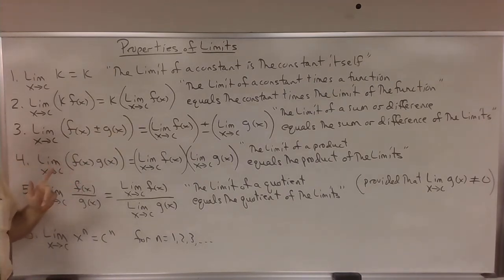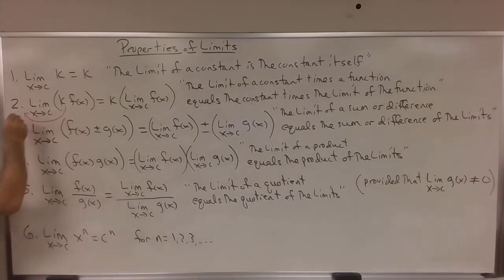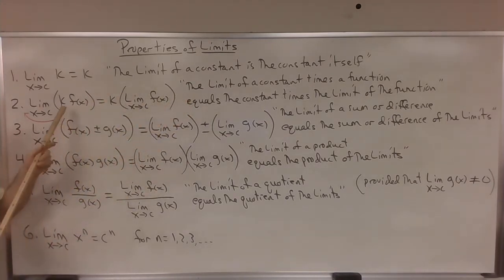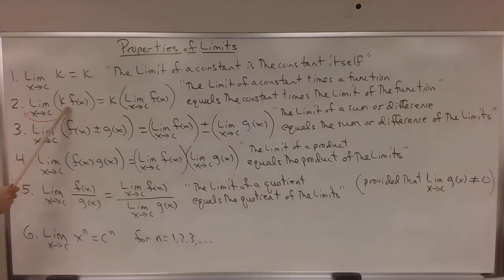Visually, what that means is that if we have the limit of a constant times a function, we can take that constant and move it out in front of the limit sign. So, the limit of a constant times a function equals the constant times the limit of the function. We can take that constant factor and move it out in front of the limit sign.